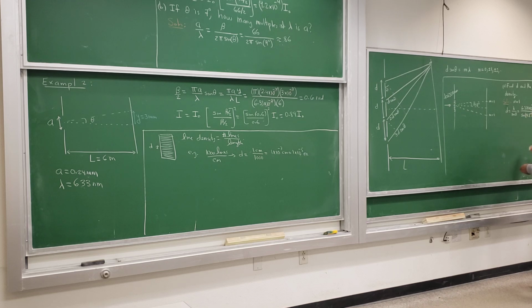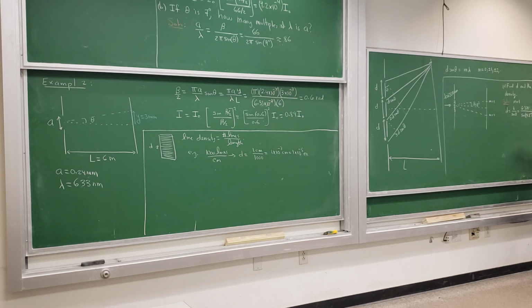And that will give us d. If you get d, let me know. In fact, I'm going to keep d in nanometers because I don't really need to convert it to meters.